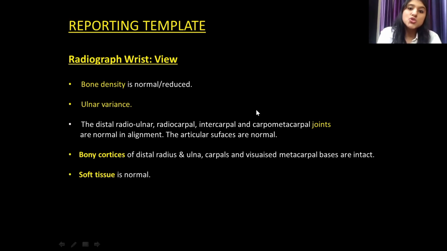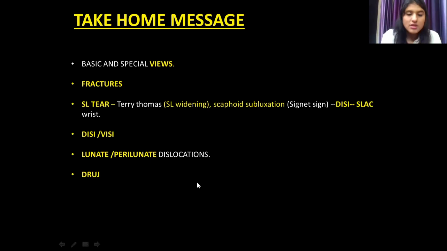Then we should comment on the joint spaces, which are the distal radioulnar, the radiocarpal, intercarpal, and carpometacarpal joints. We should comment whether they are aligned properly, whether their articular surfaces are normal or sclerosed, whether there are any osteophytes, any degenerative changes. Then the bony cortices of the bones forming the wrist joint should be assessed, whether they are intact or not. And lastly, the soft tissue is commented upon.